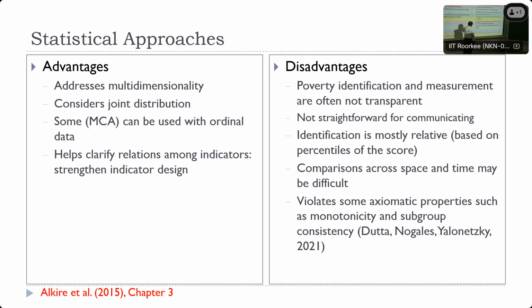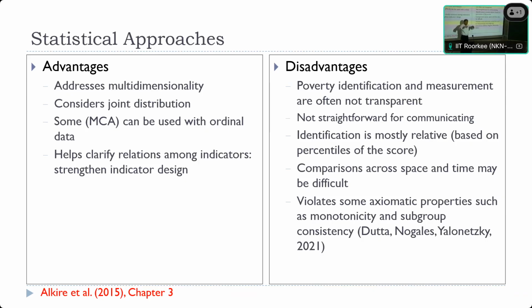Then my colleagues recently, Ricardo and Gaston, wrote a paper. Ricardo still works at OPHI, Nogales. Gaston is my co-author, and Indranil Datta is my co-author as well. They wrote a paper recently in the Journal of Development Economics, and they suggested caution when you are using what they call endogenous weights, data-driven weights. If you are generating those weights from the data, they are endogenous weights.